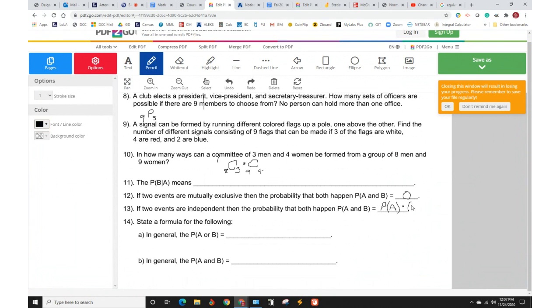And if they're independent, that has to do with two events.